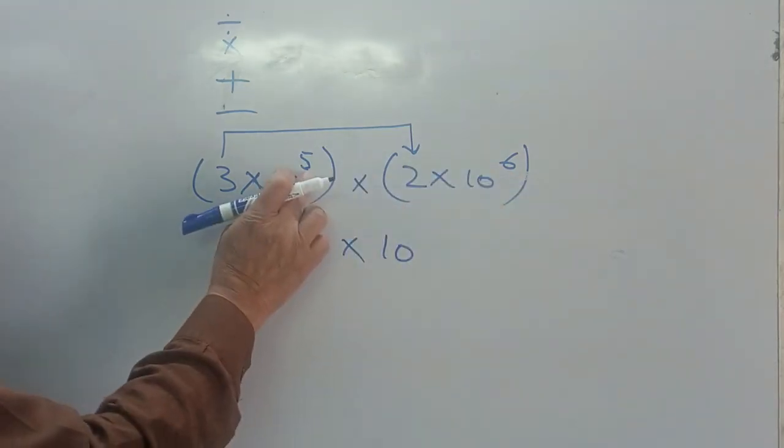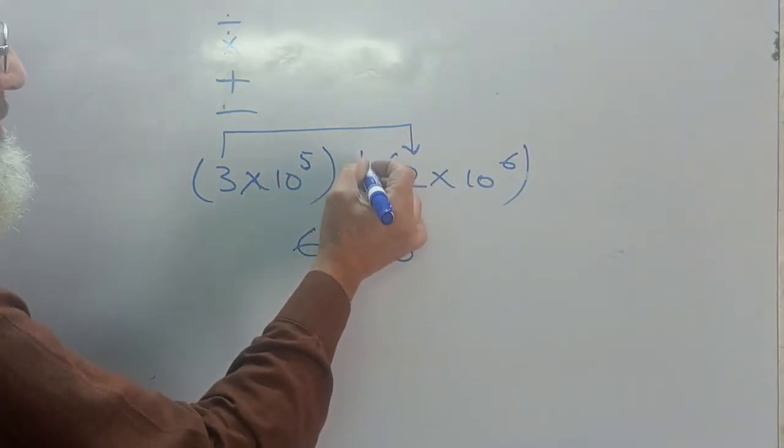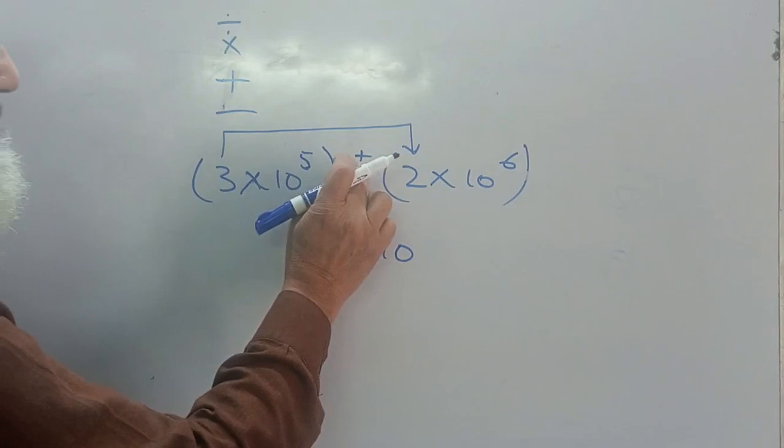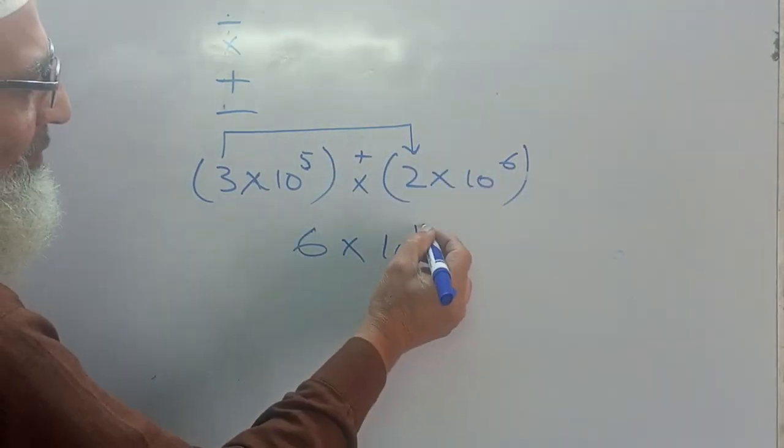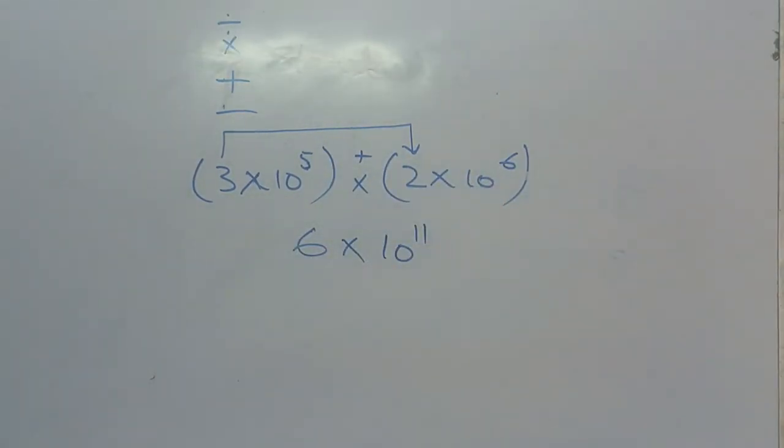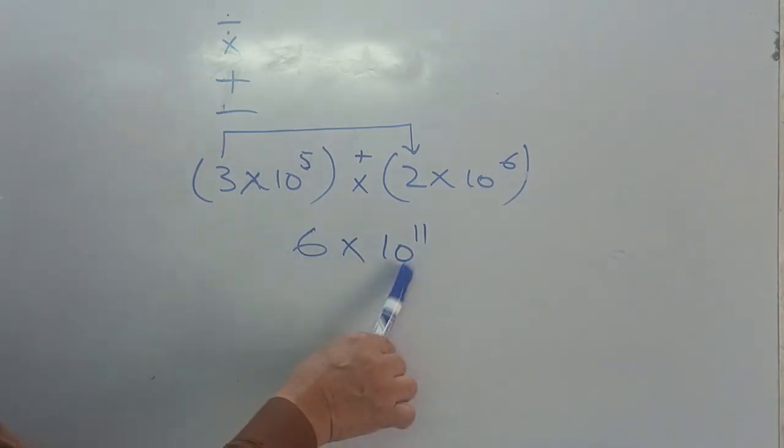What will it become? 5 plus 5 plus 6 is 11. 5 plus 6 is 11. So it will become 6 into 10 raised to power 11.